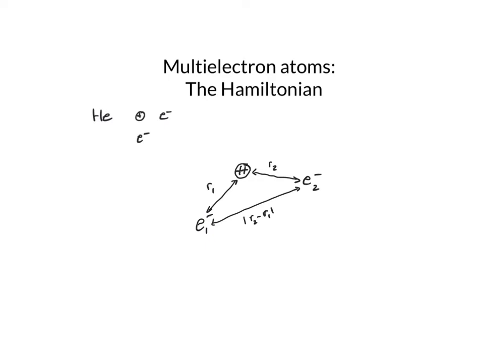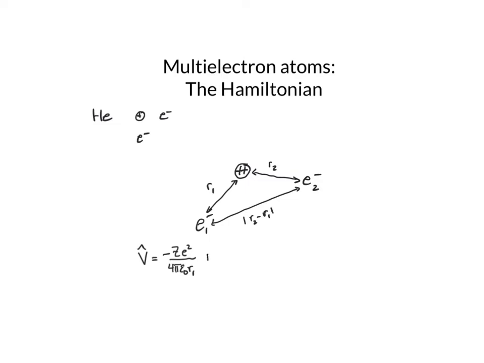So that means that our potential energy term, our potential energy operator, is going to be the charge on the nucleus times the fundamental charge, e squared, divided by 4 pi epsilon naught R1 for the Coulomb potential, the attractive potential between electron 1 and the nucleus.